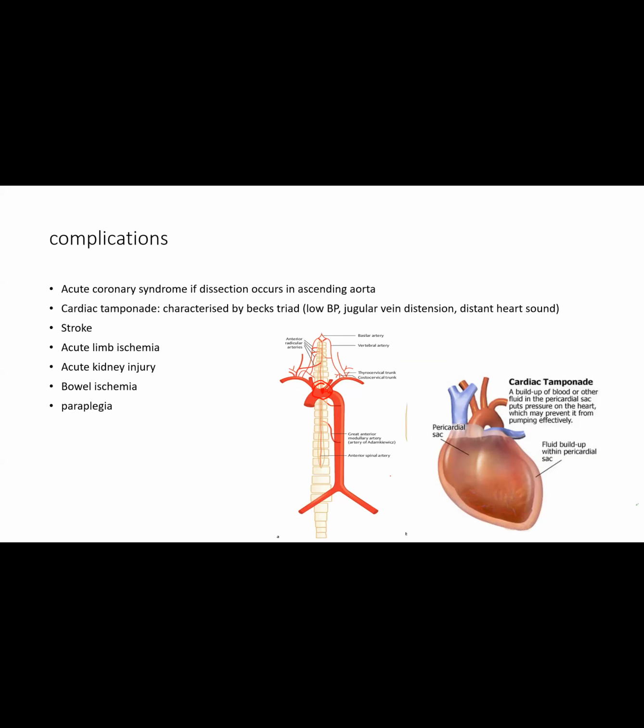And if a dissection affects a mesenteric artery, as we mentioned, it causes bowel ischemia. If it also affects, for example, the celiac trunk, it will occlude the blood flow through the GI tract, which might lead to ischemia, for example acute mesenteric ischemia, characterized by intense abdominal pain, bloody diarrhea, and bowel infarcts as well.